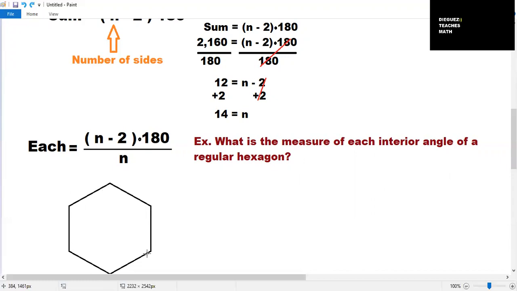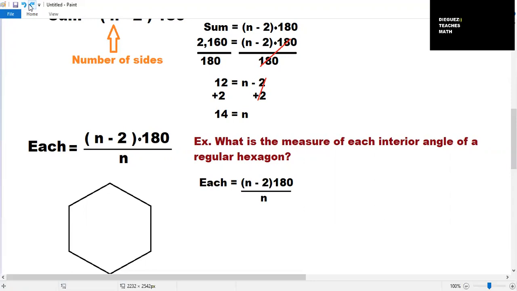That's what regular means, okay? So if I get the sum and then just divide by however many angles or sides there are, then that should give me just one measure, right? So then in my formula for the sum, I'm going to go ahead and at the end, divide by the number of sides, and that should just give me 1.